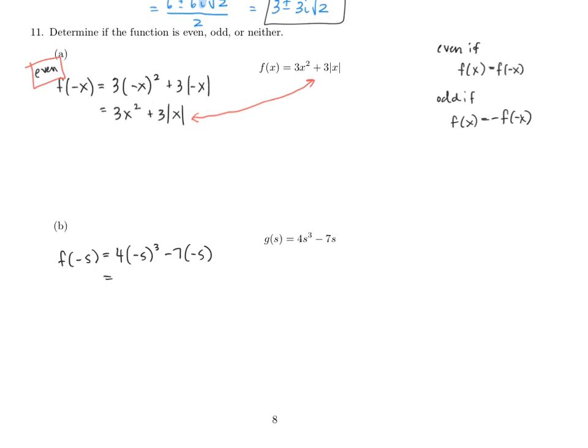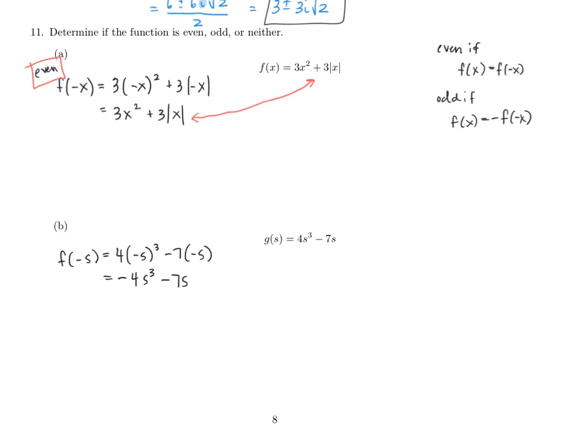And so now this negative s cubed, since it's an odd power, that negative is going to stay. So we're going to have negative 4s cubed, and then negative 7 times negative 7s. I think my voice cut out there for a minute.